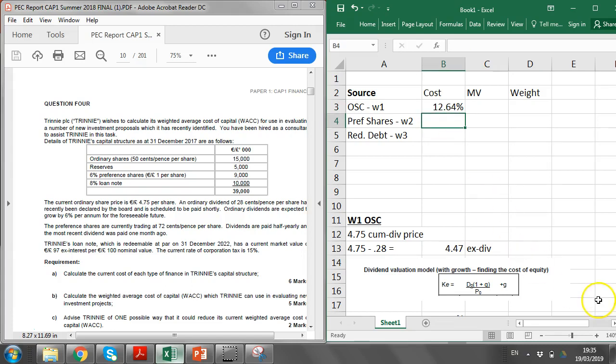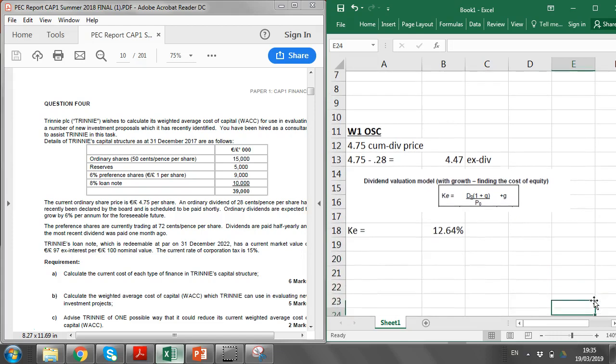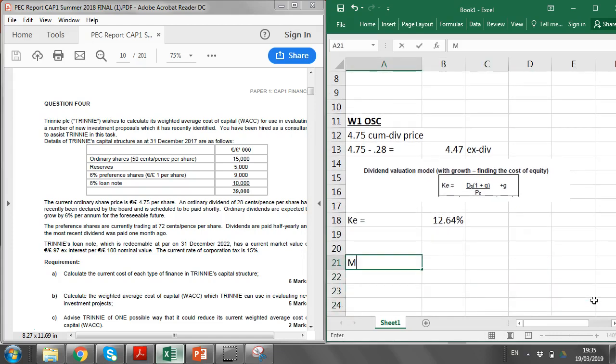Now while we're here, you may as well, to finish it off, get your market value. Because you need your market value not for part A, but you need it for part B. Now the key thing to be noted here, it's going to be 4.47. That's the price per share. You always use the adjusted price times the number of shares. Now a lot of students will not be paying attention here and they'll say there's 15 million shares.